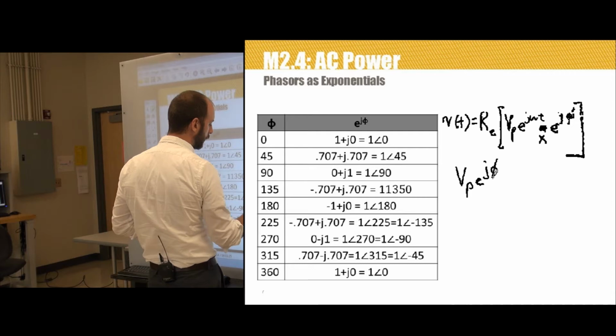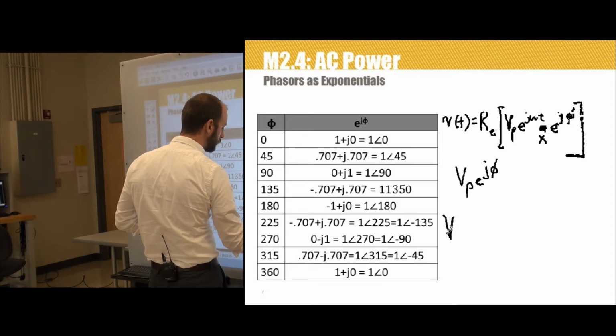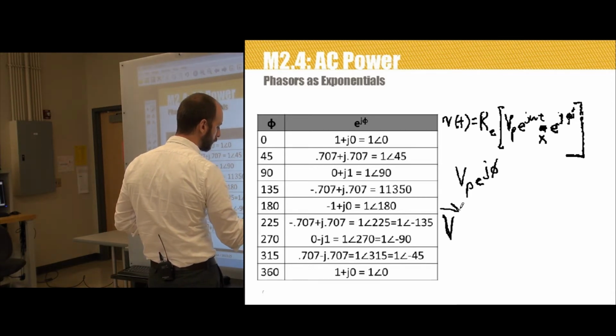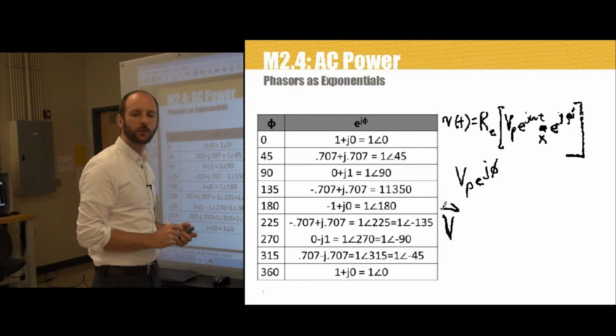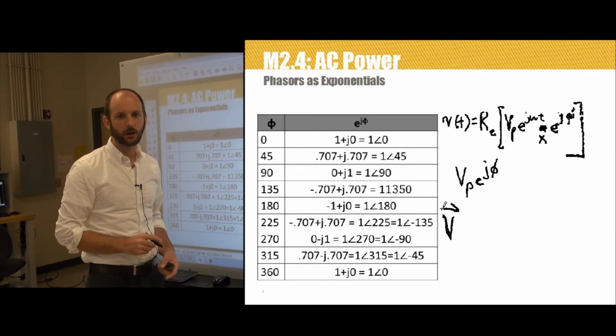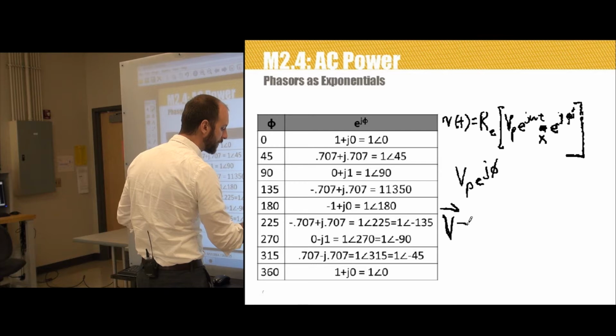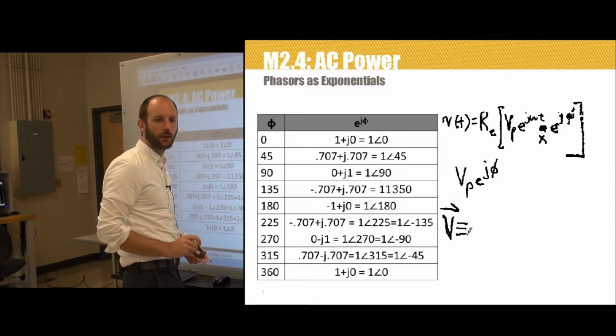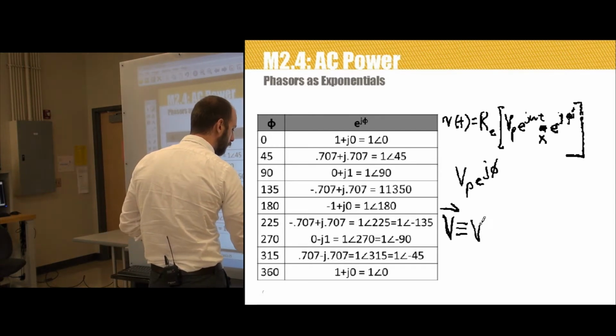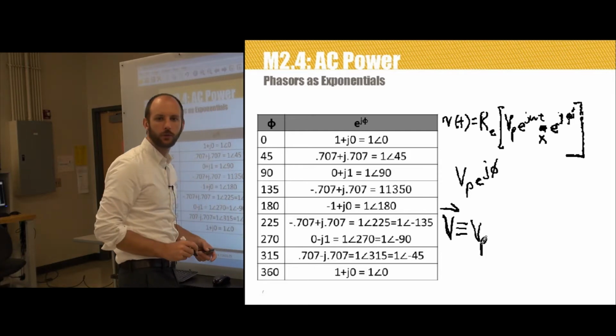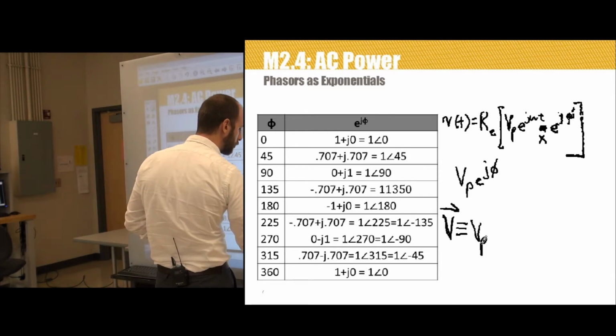So a lot of times it's written as the voltage. It's a phasor. It's got a magnitude and an angle, which means it's a vector quantity. It's got an arrow over it. It's defined as V peak, which is the max voltage, times e to the j phi.